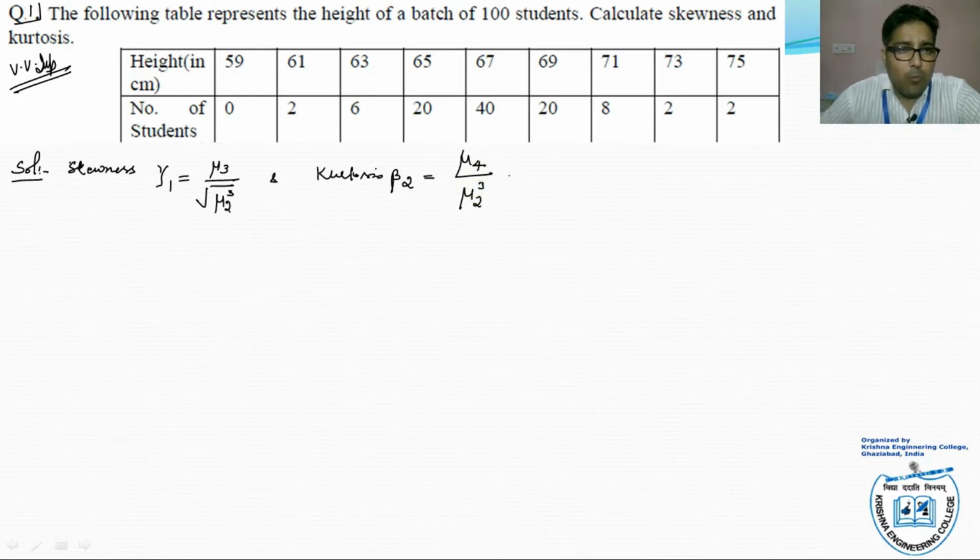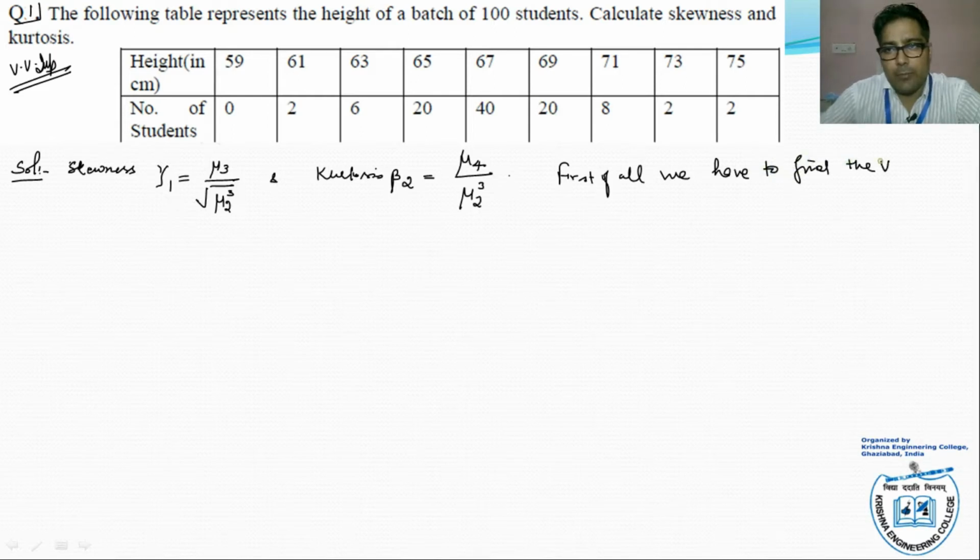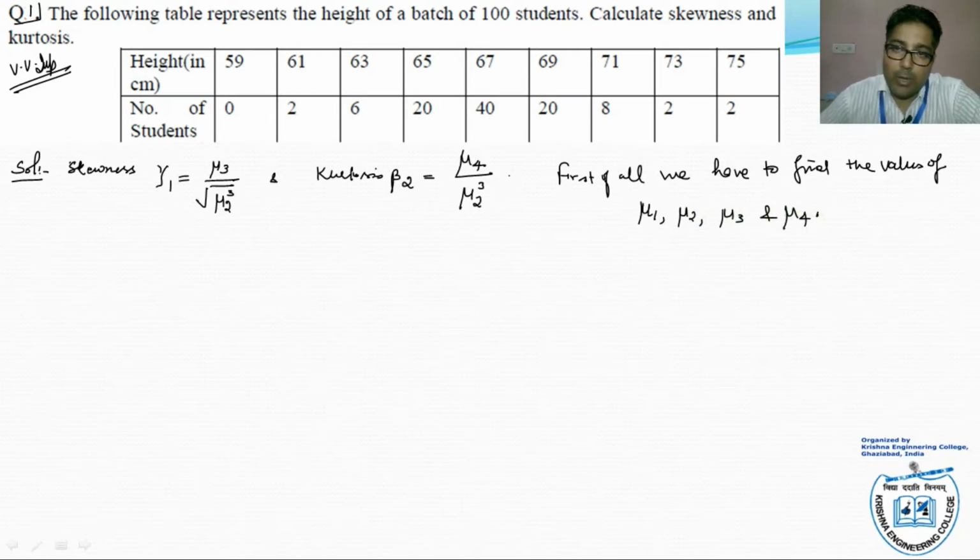So, for finding the skewness and kurtosis, first of all, we have to find the values of mu 1, mu 2, mu 3 and mu 4. But we cannot find mu 1, mu 2, mu 3, mu 4 directly.